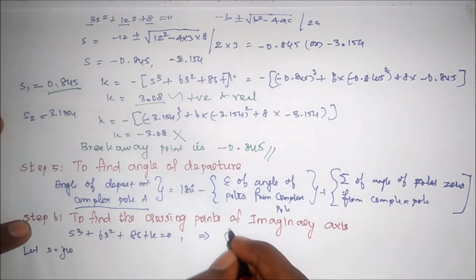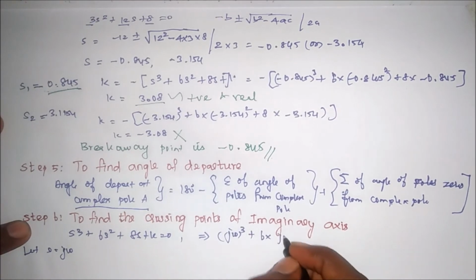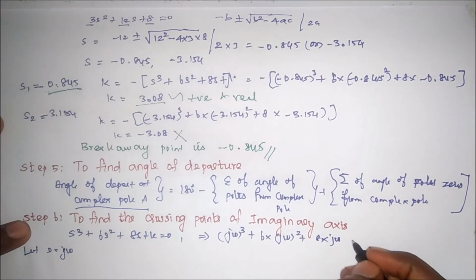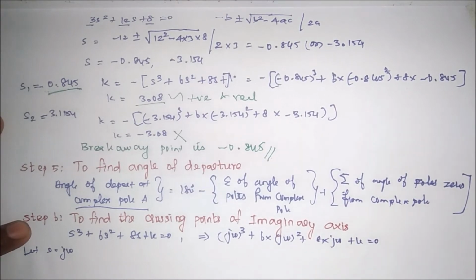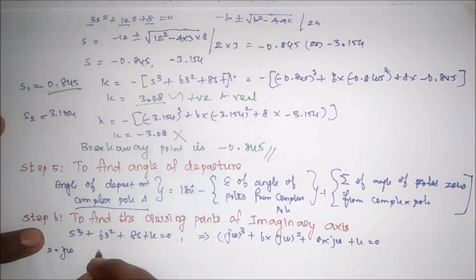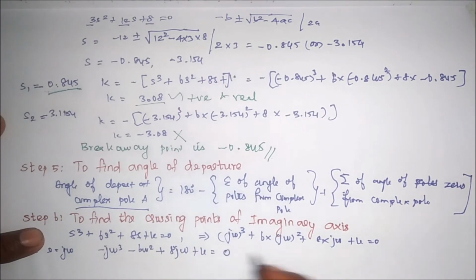So now j omega cube plus 6 into j omega square plus 8 into j omega plus k equal to 0. So now from this minus j omega cube. So from this minus 6 omega square. From this plus 8 j omega plus k equal to, so we can write this 0 as 0 plus j 0.